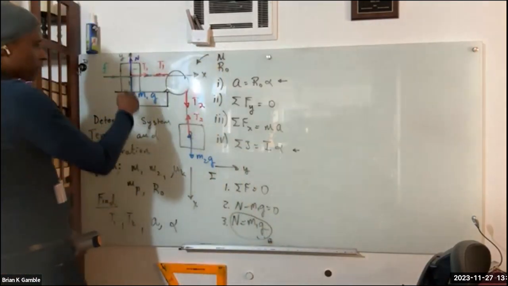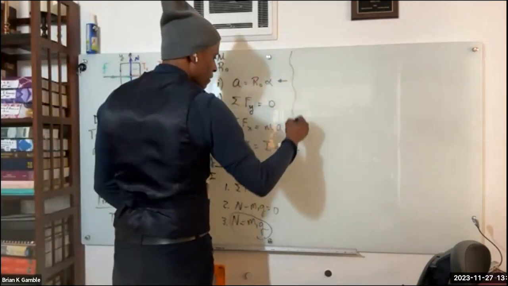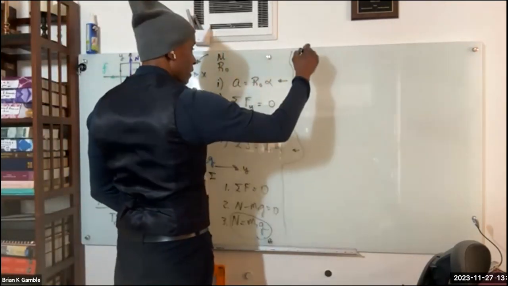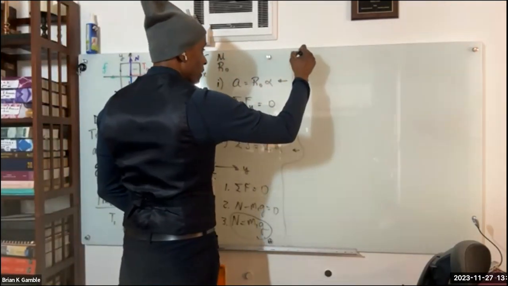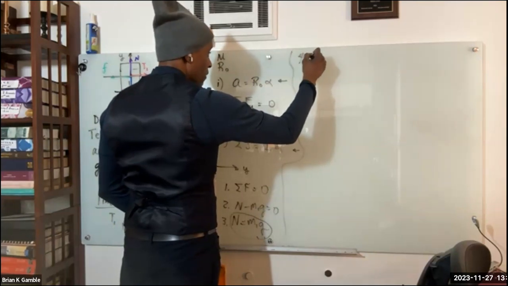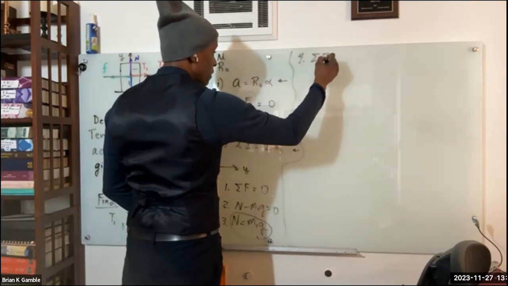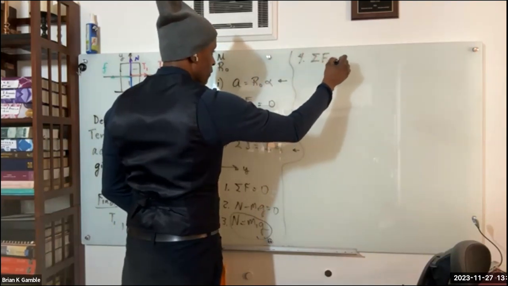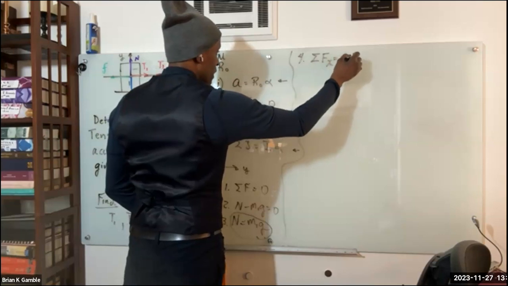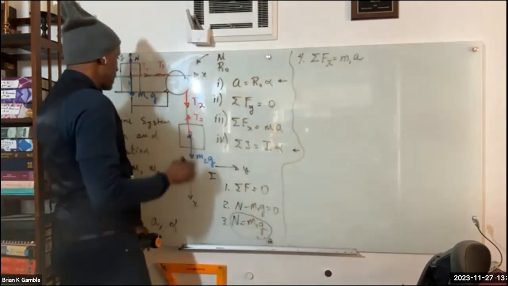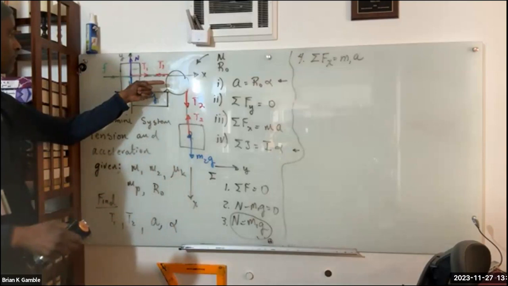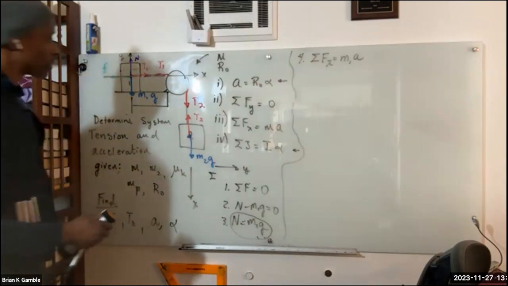Now in the X direction, the net force equals mass 1 times acceleration. Now we got two forces, tension T1, and the frictional force.